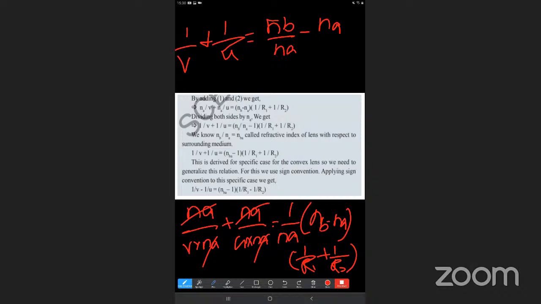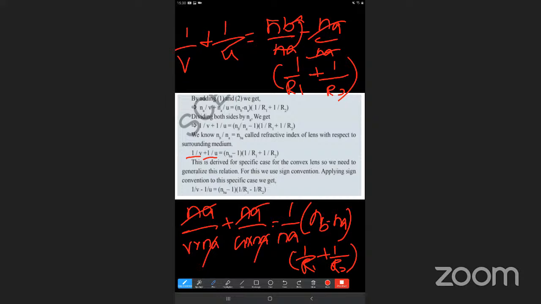So what is remaining here? 1 by V plus 1 by U equals NBA minus 1 into 1 by R1 plus 1 by R2, where NBA is NB by NA. This is derived for the specific case of the convex lens.